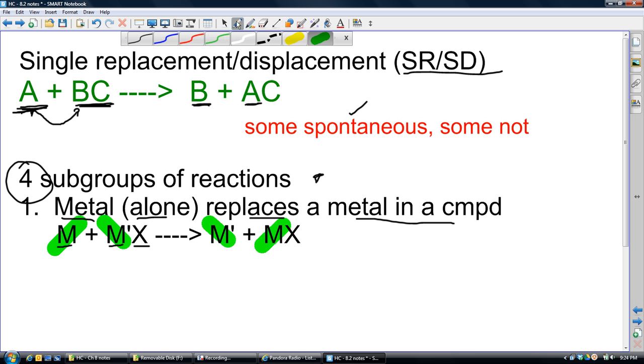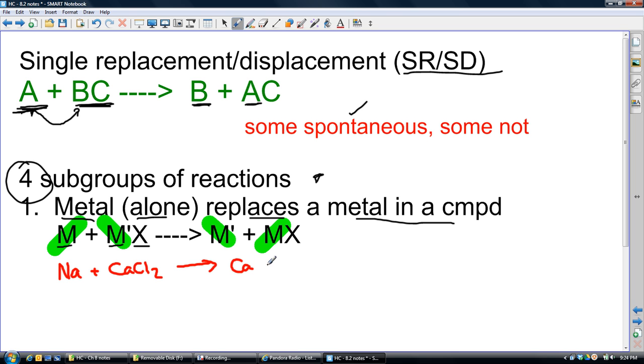So we can look at some simple examples here. We could take something like sodium and have it react with calcium chloride. And what's going to happen is calcium will end up being by itself in its pure form, and sodium will be bonded to chlorine.